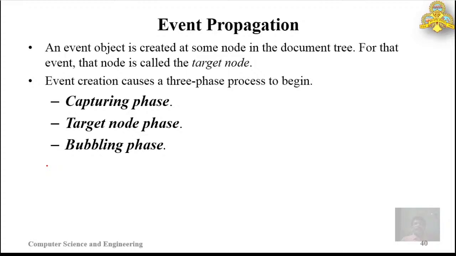Event propagation is a very important topic in implementing events in web pages, and there are three phases. Actually two are used, the last one and the middle one. We'll go for this. What are these?